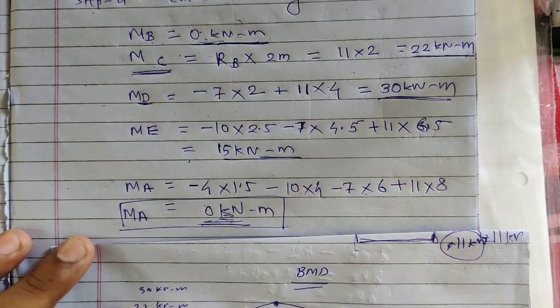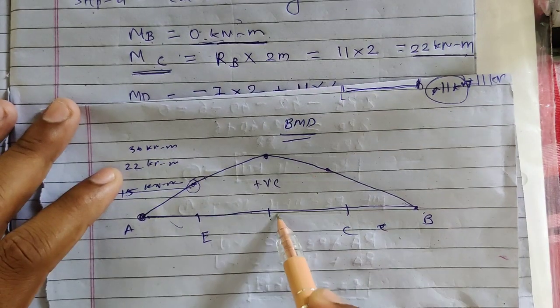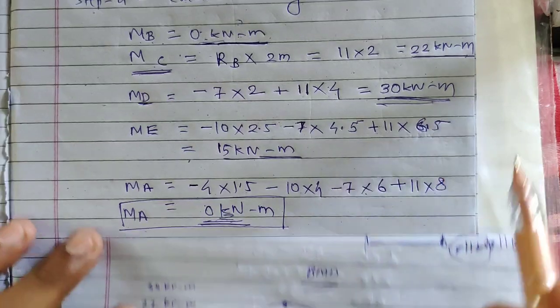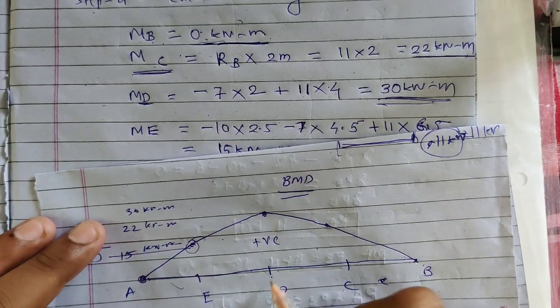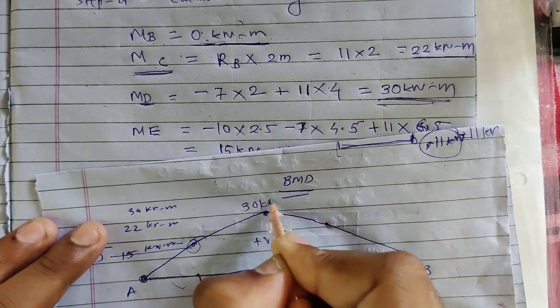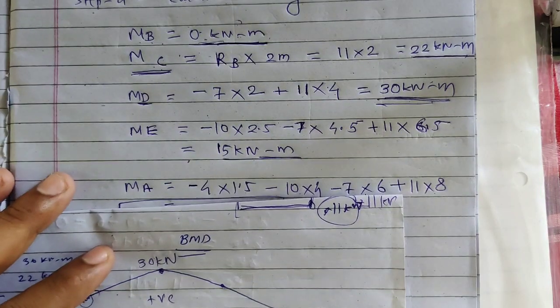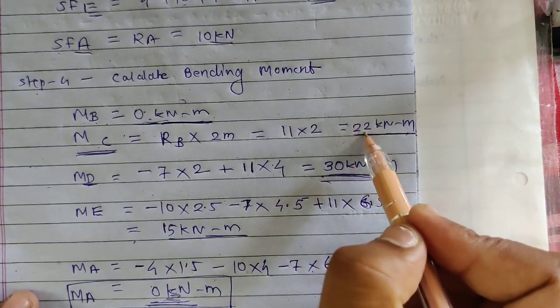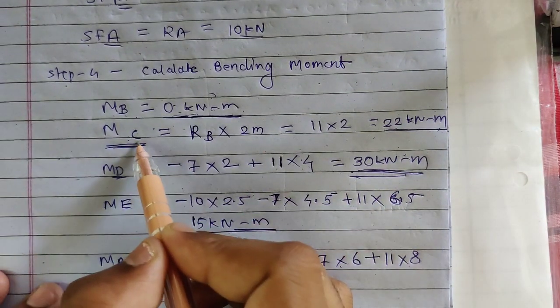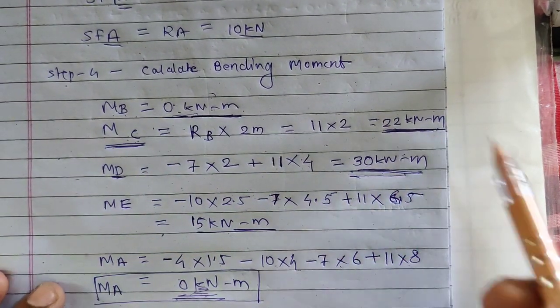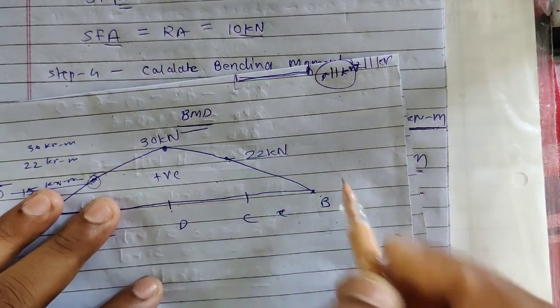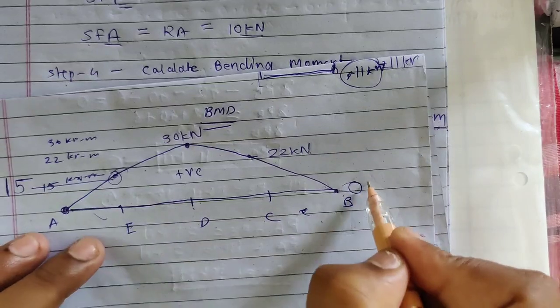At point D, we calculate 30 kilonewton meter. So the maximum bending moment at D comes out to be 30. Then at C point, the moment at C is 22 kilonewton meter.